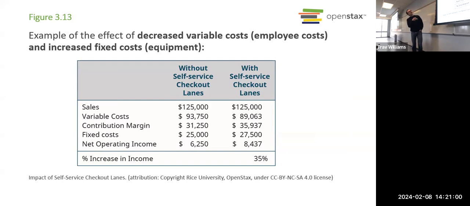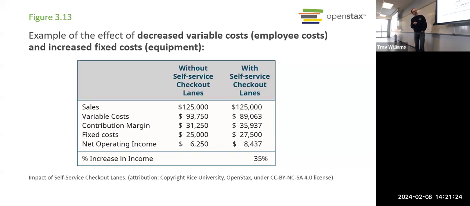So let's see. Here we have decreased variable costs. This was the one I was mentioning where they put in self-checkout stations. So there's a fixed cost involved in doing that because you've got the cost of the machines and the software, but then less labor costs, right? Because you don't need as many cashiers.